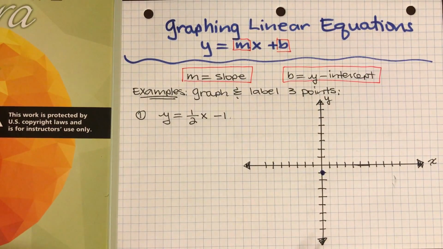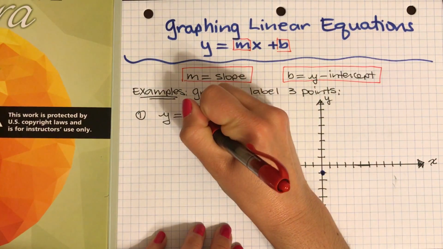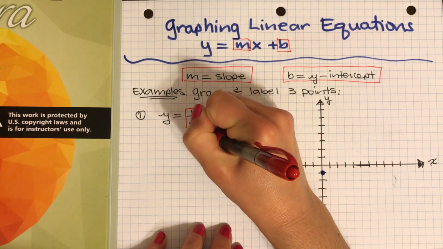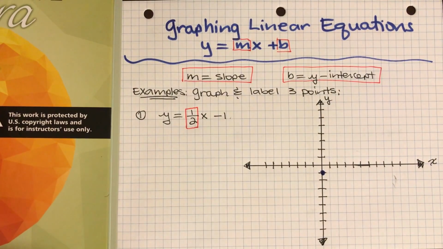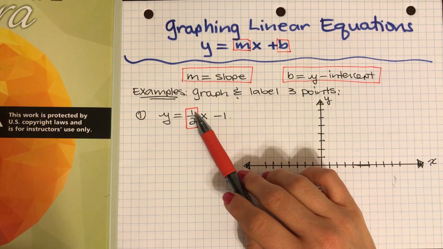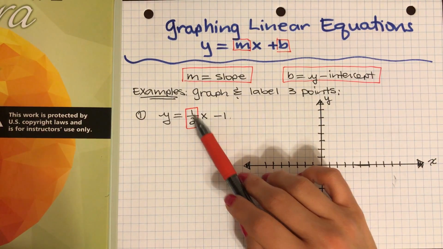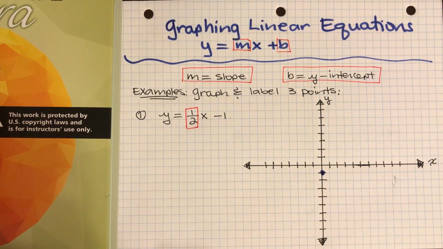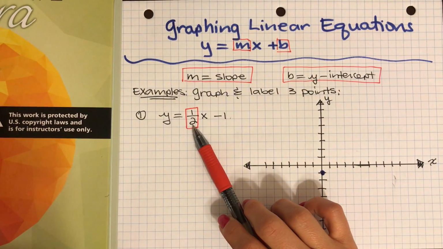To get 2 more points, we just use our slope. Slope is 1/2. It's positive. Remember that slope means rise over run. The top number tells you how many units to go up or down, and the bottom number tells you how far to go to the right or to the left.